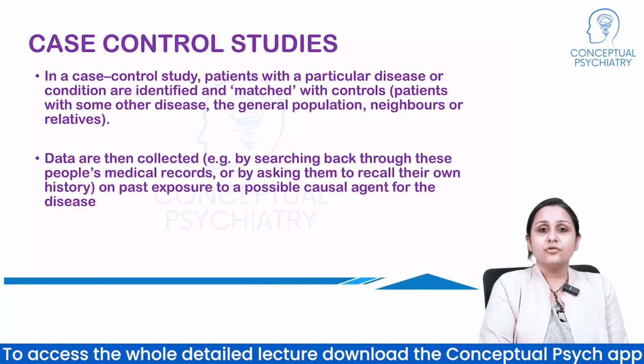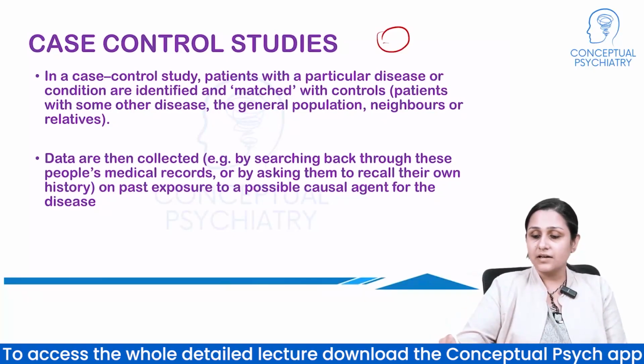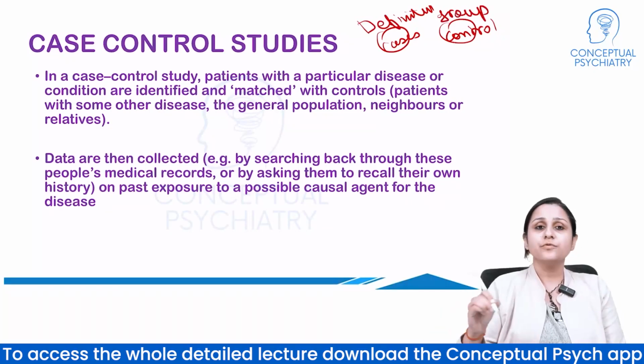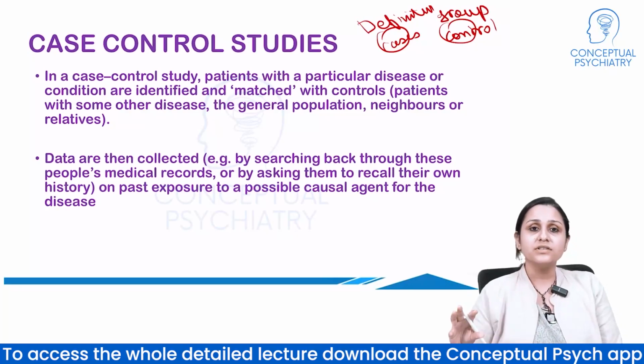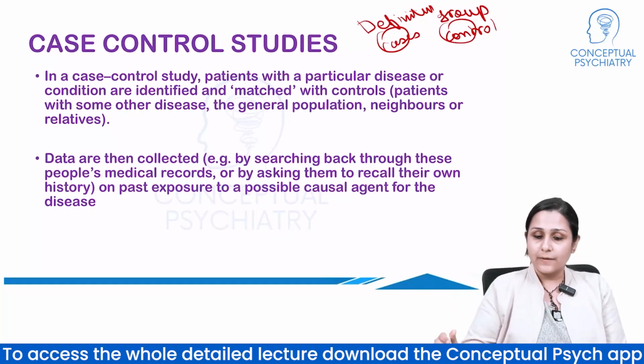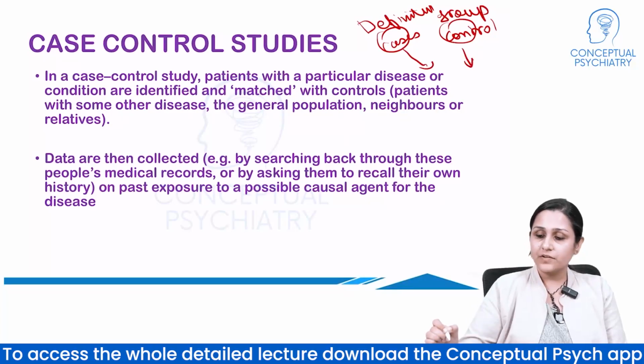So in a case control study, we start off with two groups of people, cases and controls. This is the defining feature. If you start by first identifying a diseased and a non-diseased population, you're talking of a case control study. And they are matched so that they are not very different from each other. And then retrospectively we go back, right?